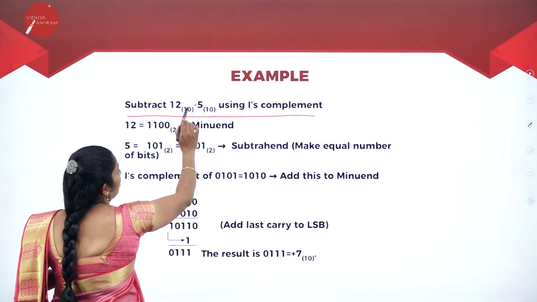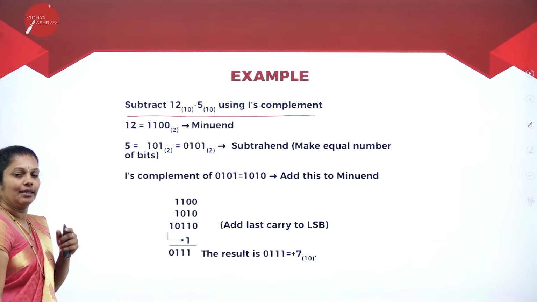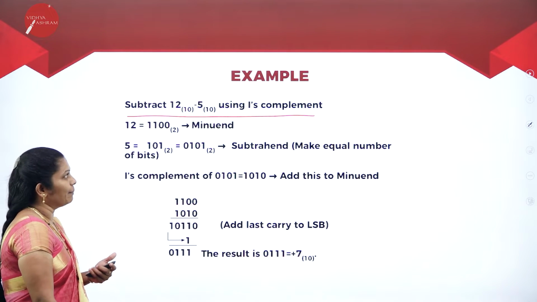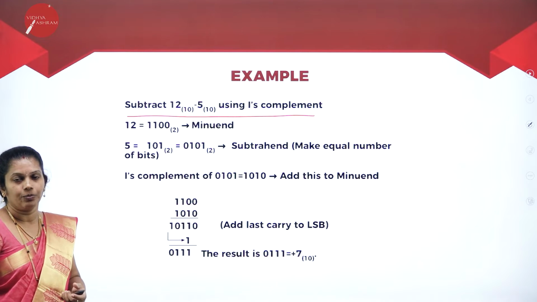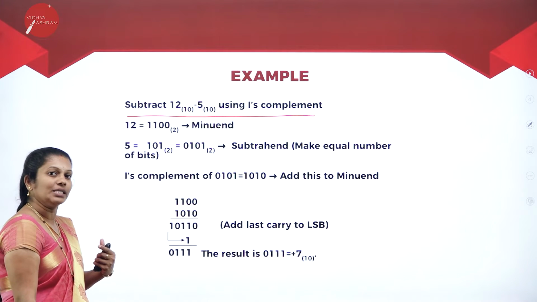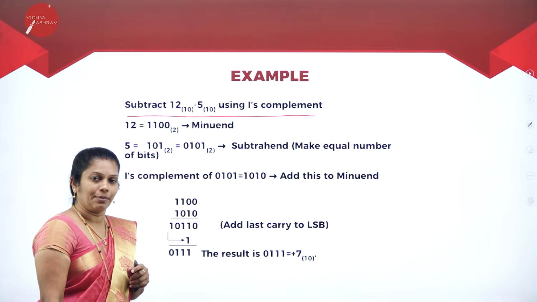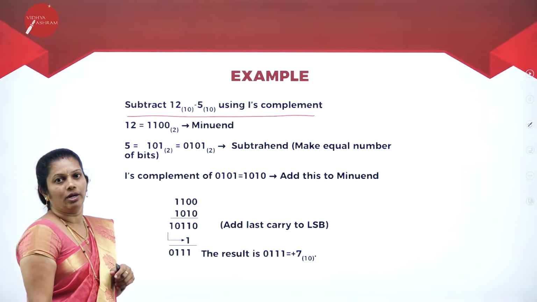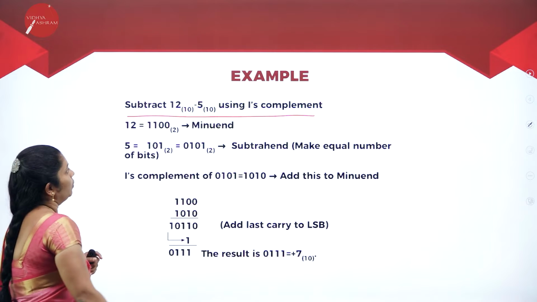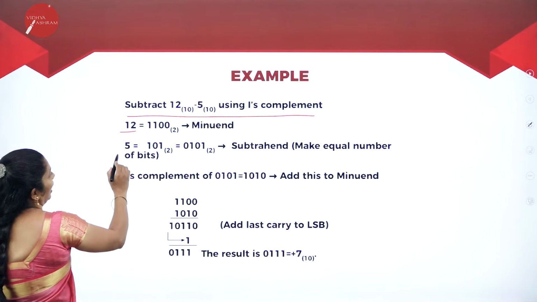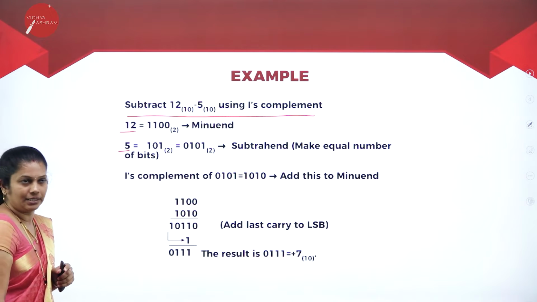Here 12 minus 5, 12 represents the numerator and 5 represents the denominator value. The denominator can be called the subtrahend and the numerator the minuend.